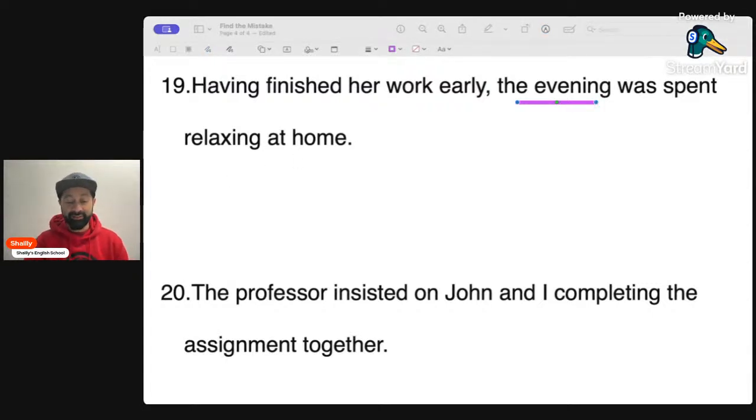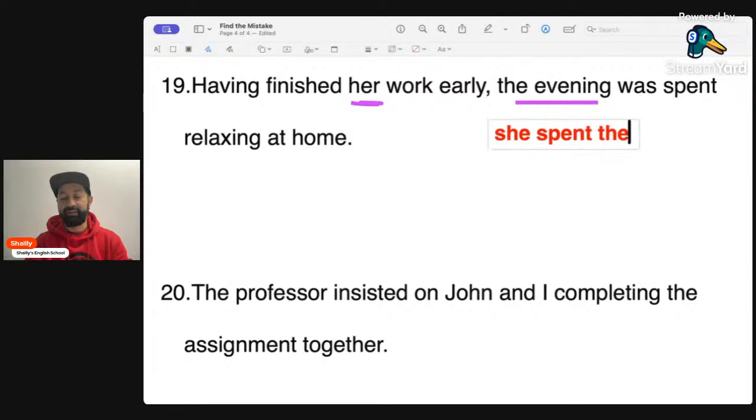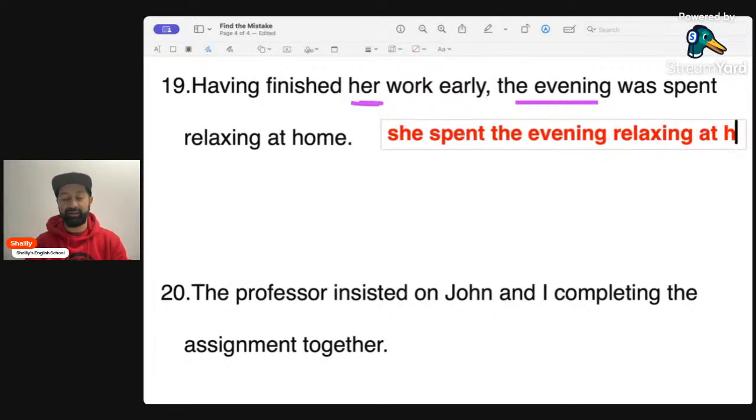The evening is not doing the action, right? The person who is doing the action is this person here, her. So what I would do to fix this sentence is, having finished her work early, she spent the evening relaxing at home.